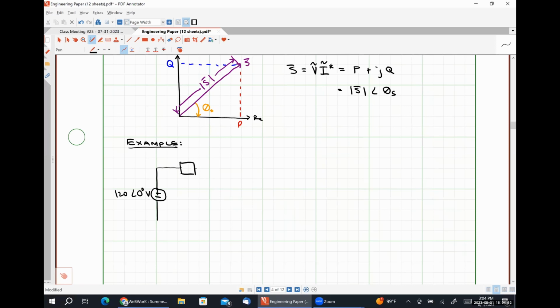Say I have an impedance here, ZA, an impedance here, ZB, and an impedance here, ZC. And let's say that ZA is 6 plus j3 ohms.